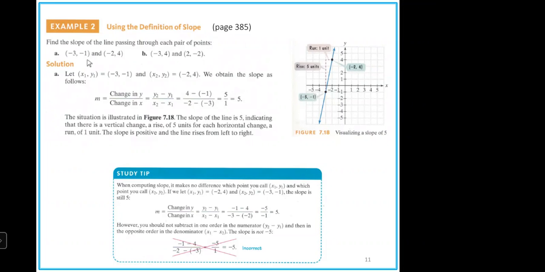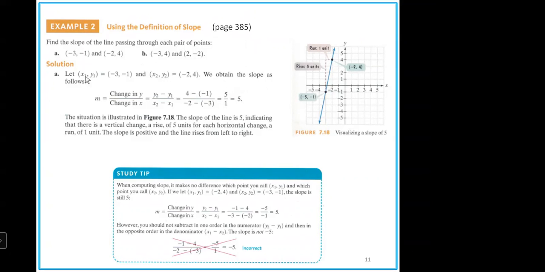So we're going to look at the first one first. That's A. The first point we have is -3, -1. So that's your first x, your first y. And then the next point is -2, 4. So that's your second point, which is why they call it x2, y2.